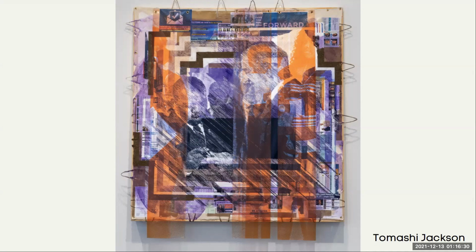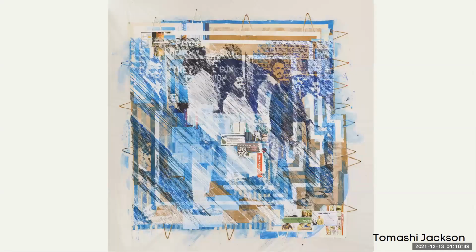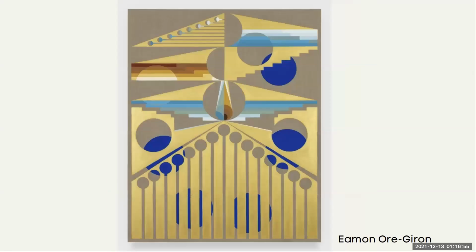Tamashi Jackson uses some of the color theory to talk about various data points in regards to social justice and equity. Tamashi Jackson is also working in various mediums, which is really exciting. I encourage you to take a look at her work. You can find it all over the web and the internet.